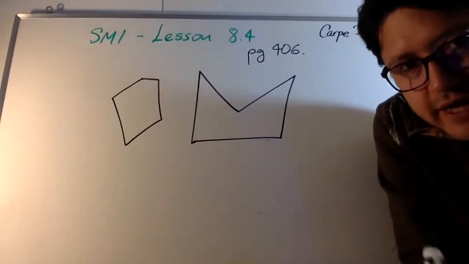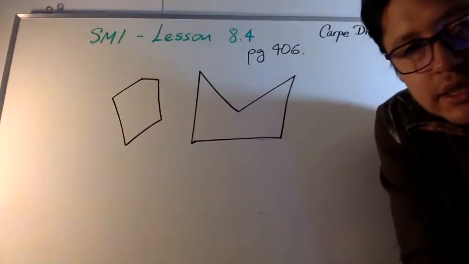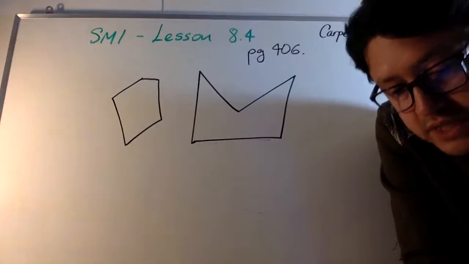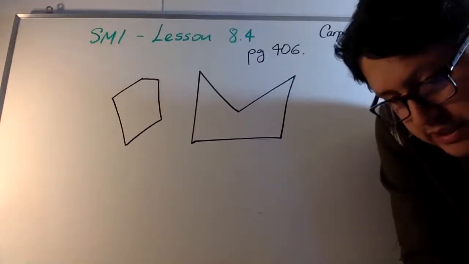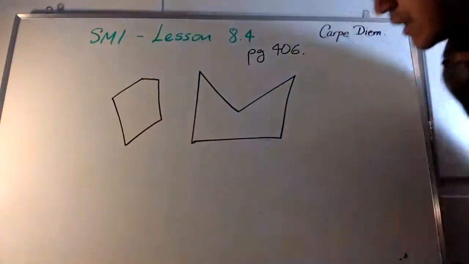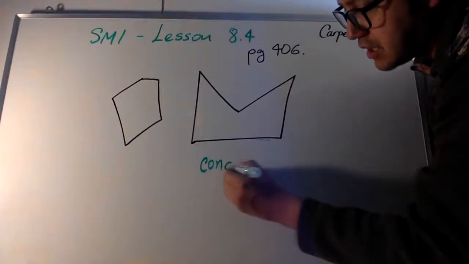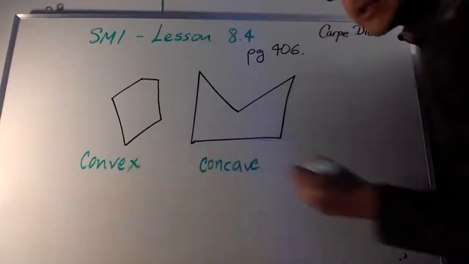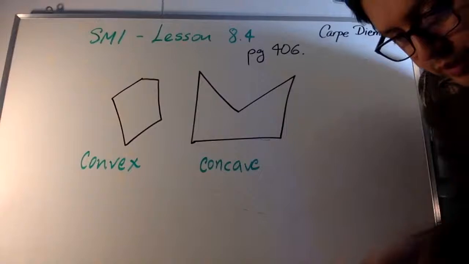Just to clarify, that is why I wrote these 2 different polygons, because of the way that they are constructed, we have 2 other classifications, okay? So we're going to say that this is a concave polygon and this one is a convex one. And why? Can you see what happens in here?